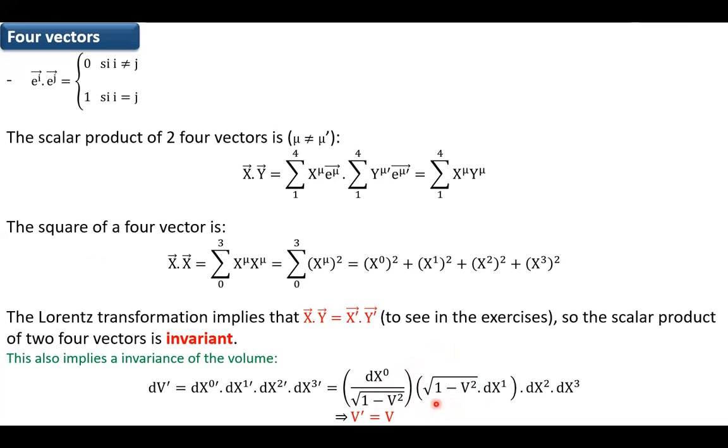So the total volume will stay the same. You stretch your time by gamma and you contract your length by 1 over gamma. So you have no gamma left. You end up with the same volume in space-time. Volume is an invariant of space-time. So remember this: you stretch your time as much as you contract your length.